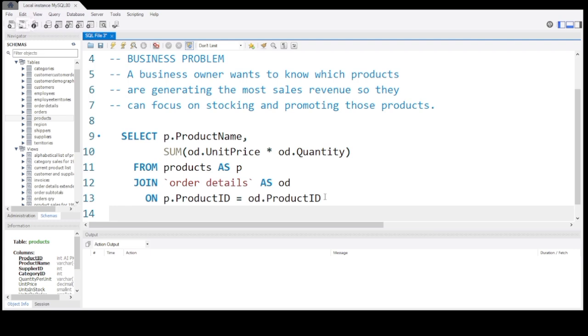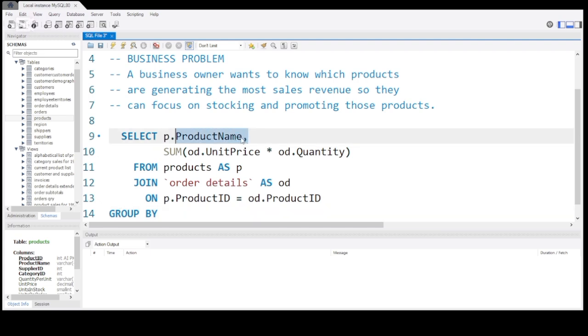Okay, the next thing to do here is group by. Whenever you have an aggregate function like this, you have to group by, or else it will give you a syntax error. So we're going to group by P dot product name.